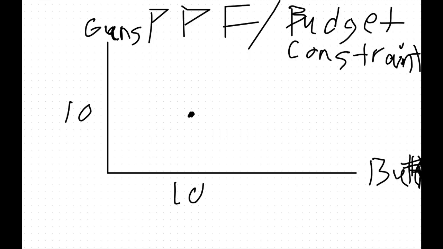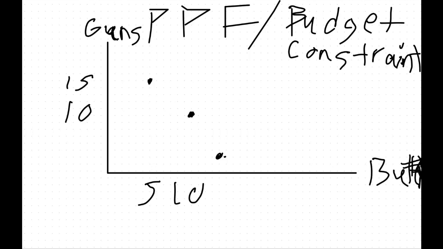Another thing that you could do maybe is 15 guns and 5 butter. You could have some workers switch to making guns instead of butter. Or you could do the opposite.